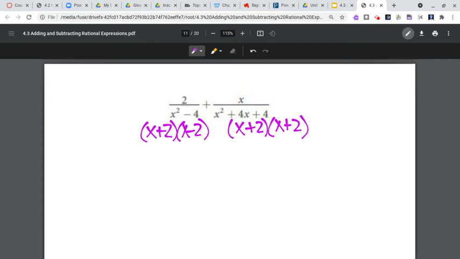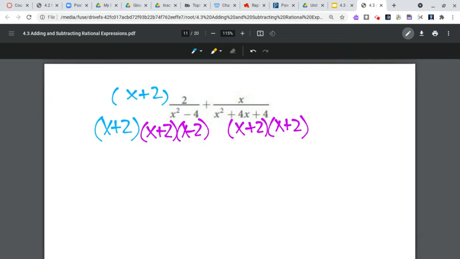Now, we understand that the denominators need to match in order to add or subtract fractions. So the left-hand denominator has one x plus 2 and an x minus 2. The right-hand denominator has two x plus 2s. So what I need to have on the left is an additional x plus 2 in the denominator and numerator.